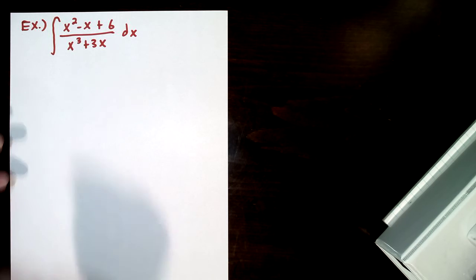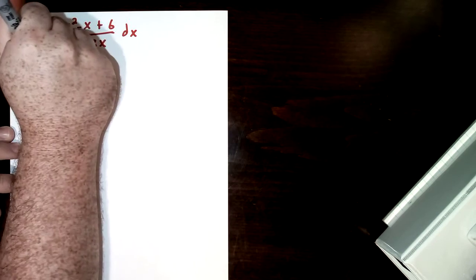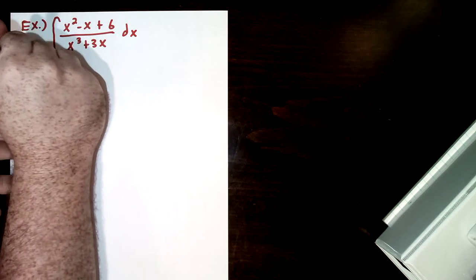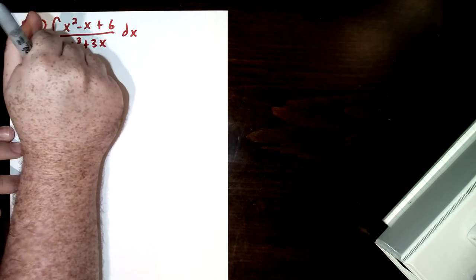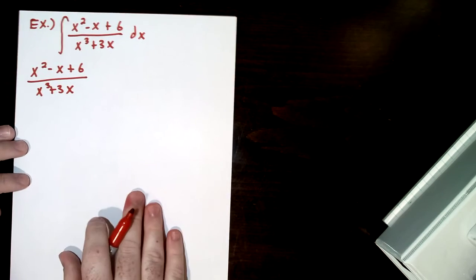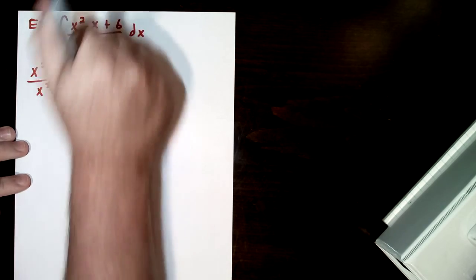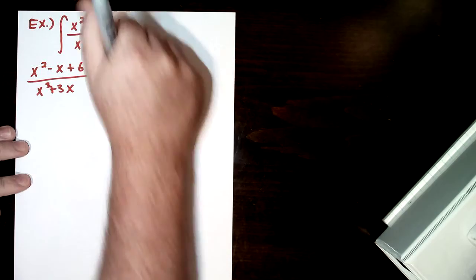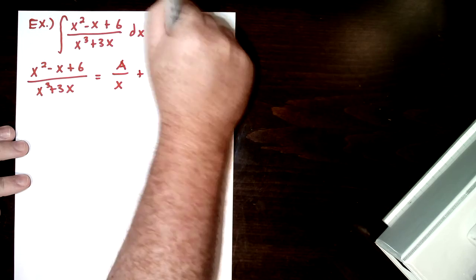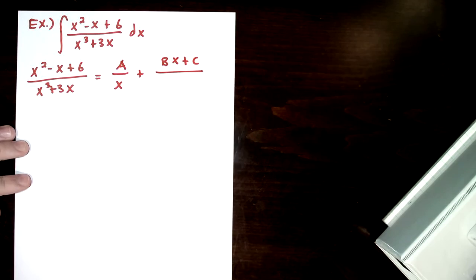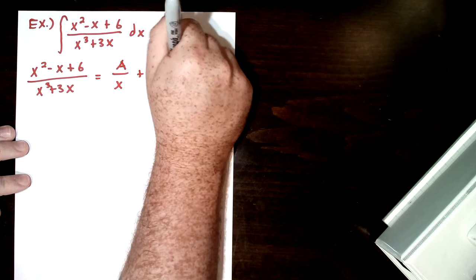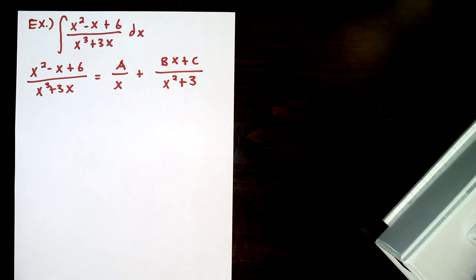So what we're going to do, x squared minus x plus 6 all over x cubed plus 3x, we're going to go ahead and write this fraction in the form of a over x plus bx plus c all over x squared plus 3. And let's go ahead and combine everything together.